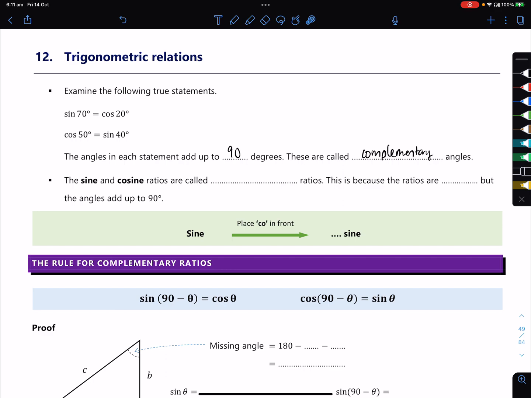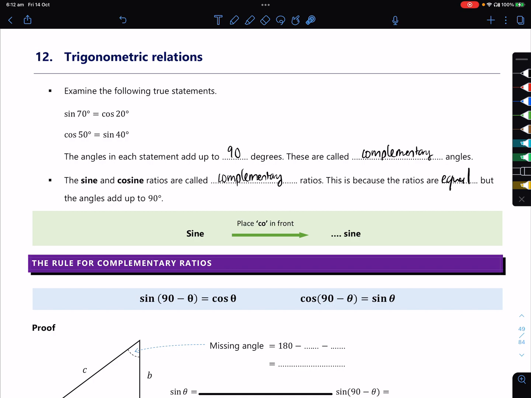Now these sine and cosine ratios that you have a look at here are called complementary ratios, due to the fact that the ratios, in fact, are equal. That means whatever this is equal to, this is the same on the calculator. So they're equal. However, the angles are just angles that add up to 90 degrees.